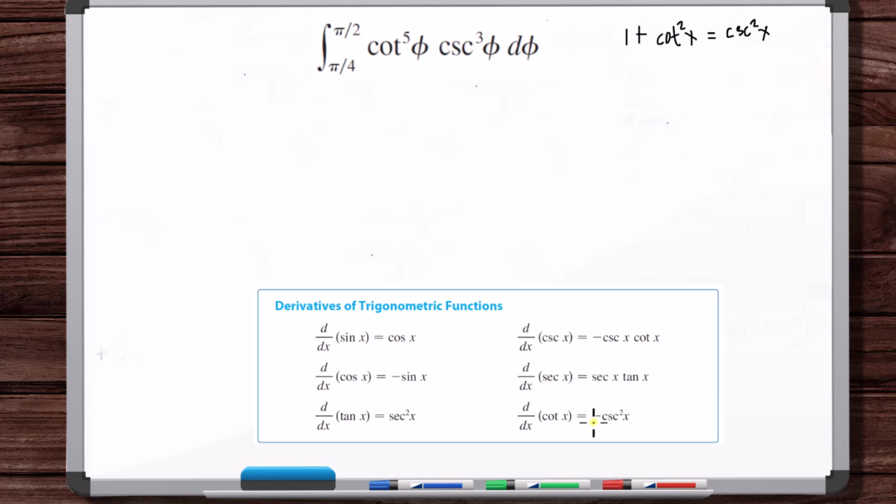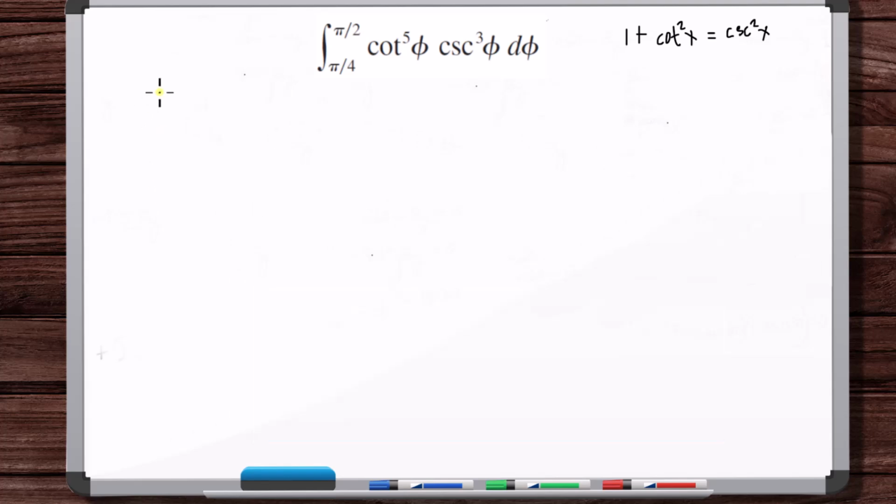We don't have an even power on the cosecant. So to me, we're going to be using this. So we're going to want to separate out a cosecant cotangent. So let's do that. Okay.